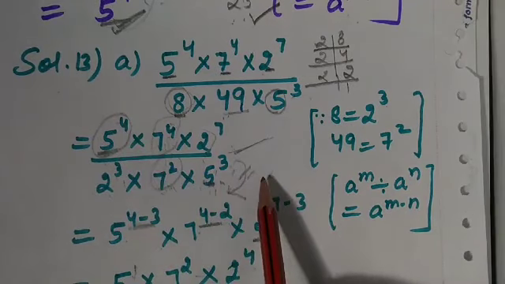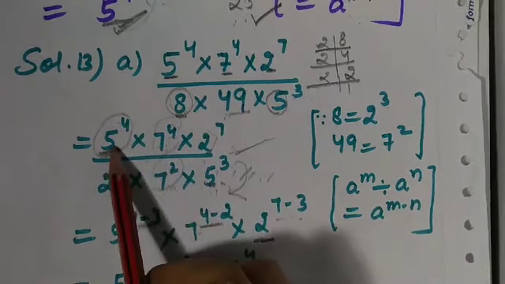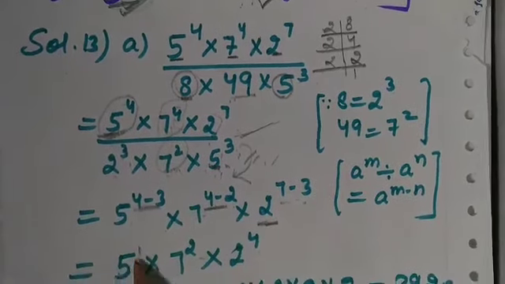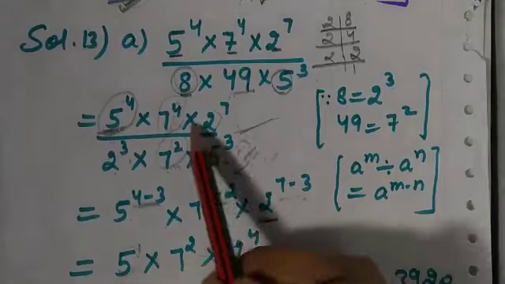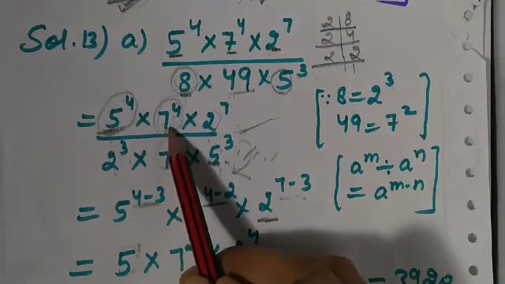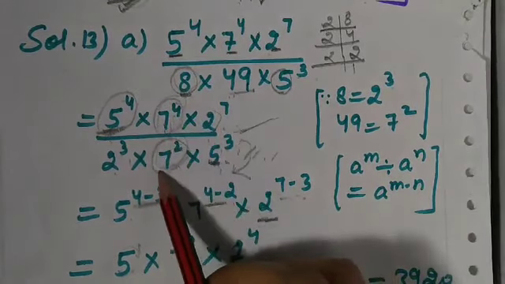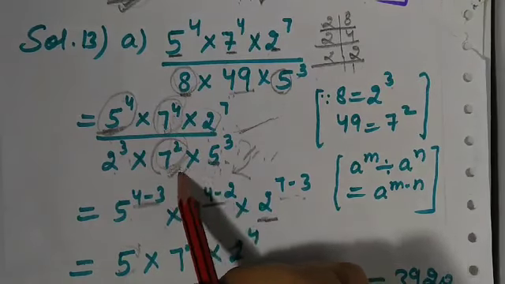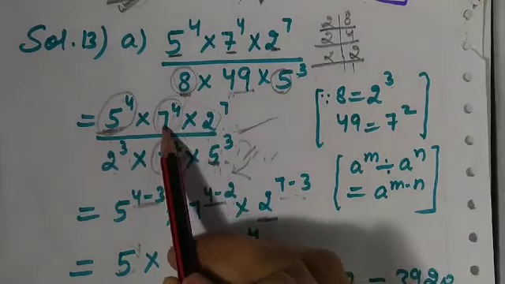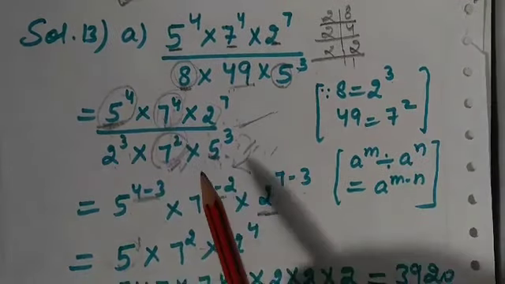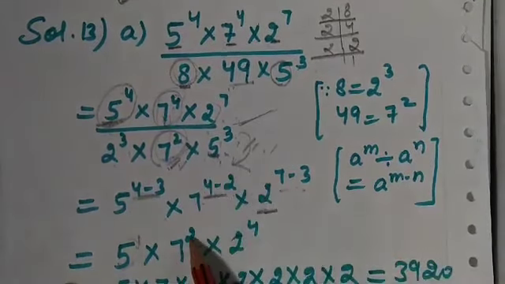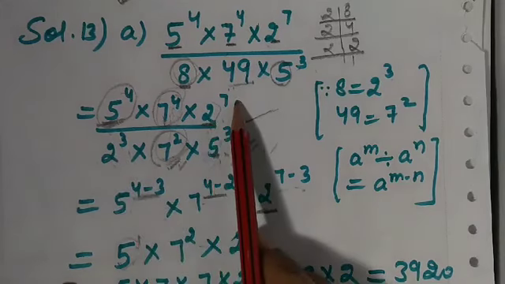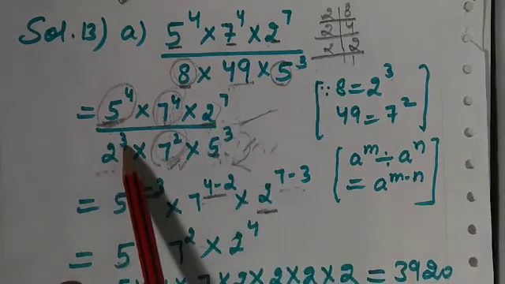Now three 5s get cancelled with three 5s of this expression, so we are left with only one 5. Here we have multiplication of 7 four times and in the denominator we have multiplication of 7 two times. Now two 7s get cancelled with two 7s, and in the numerator we are left with 7 raised to the power 2. Here also we have 2 multiplied 7 times and 2 multiplied 3 times.